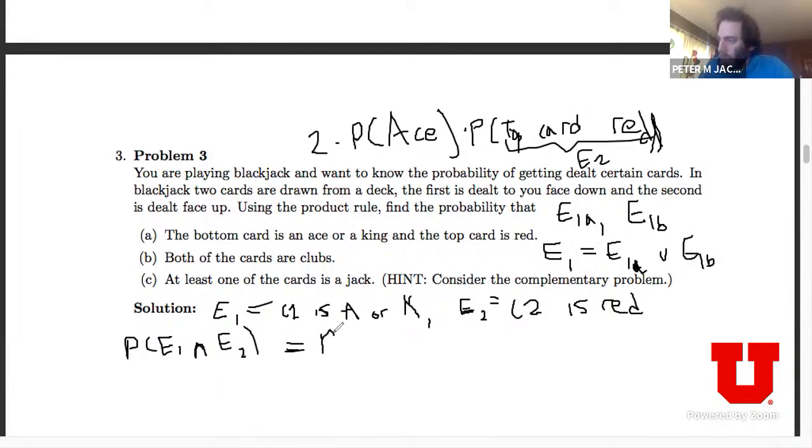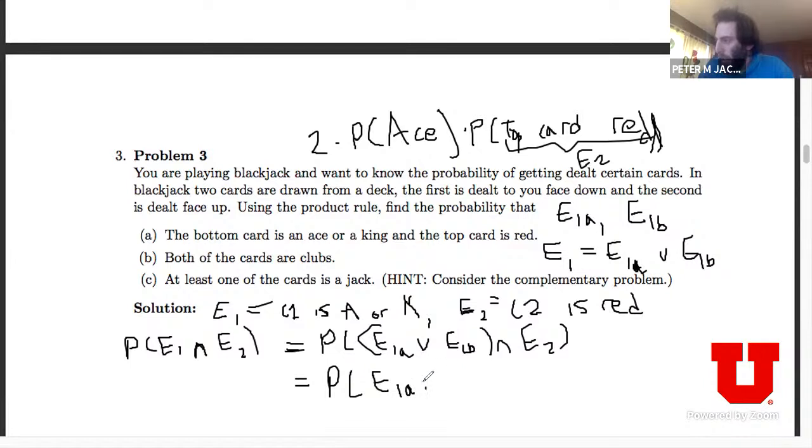So we can rewrite this as E1A union E1B, intersected with E2. Then we're going to use the distributive law for sets. This is E1A intersected with E2, union E1B intersected with E2.